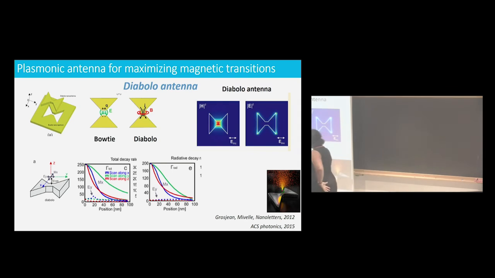If you consider, for example, the radiative decay rate, it corresponds to the quantity of photons that you can expect to get. You can see that for the electric field you are here, and for the magnetic field you are here. So you have a clear enhancement of the response of the magnetic components, which corresponds to the fact that here you have a maximum of the magnetic field.